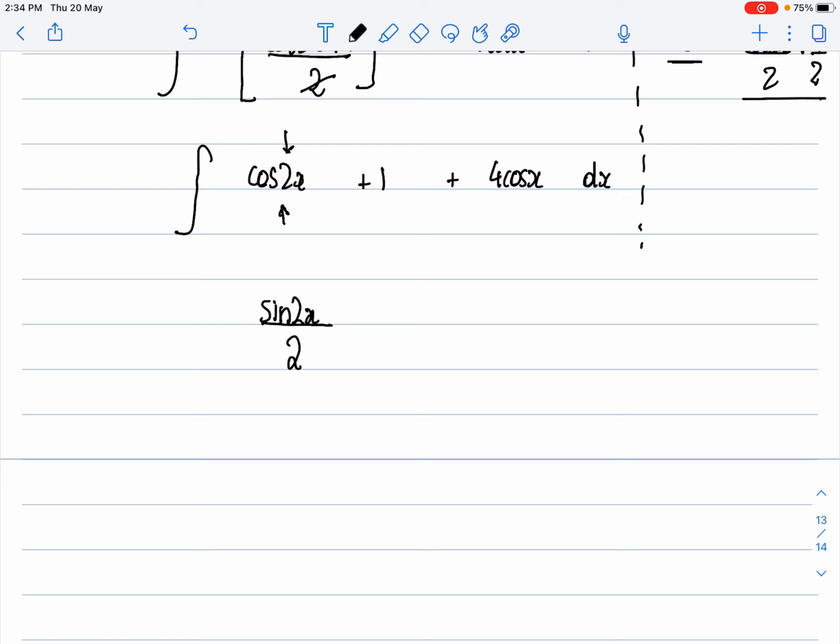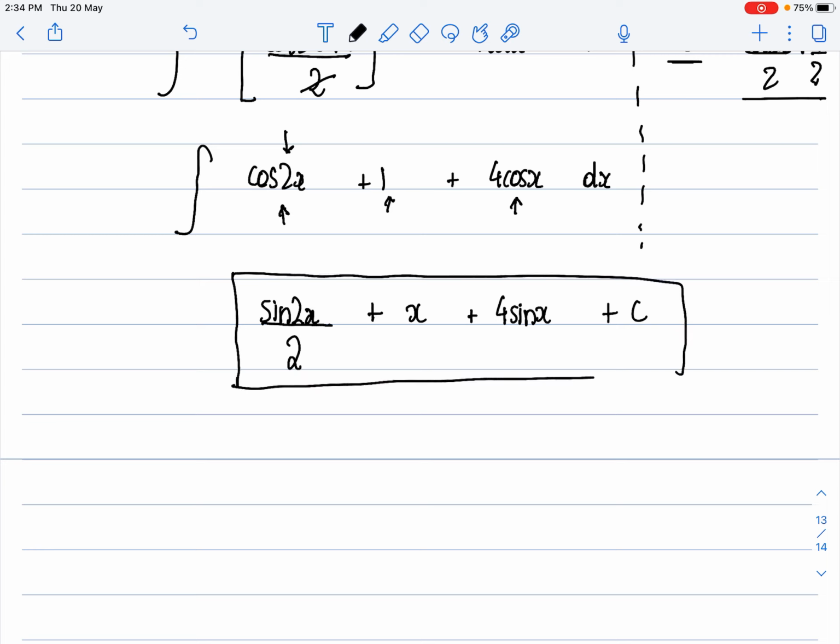That's how we do it. Plus the integration of 1 is simple, which is x, plus the integration of cos x again, which is sine x. And now because there are no limits, I know a c will be added. So this is basically the final answer of my question.